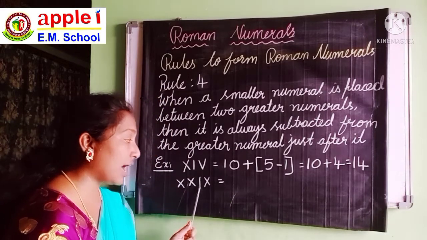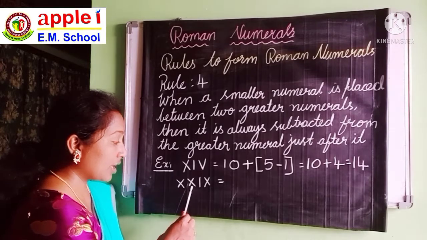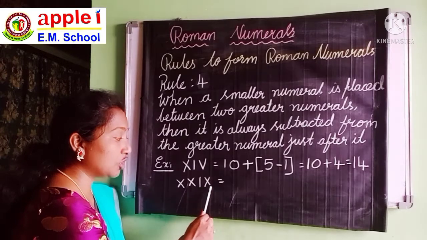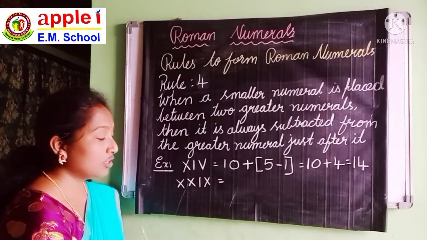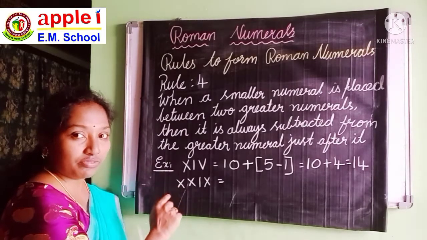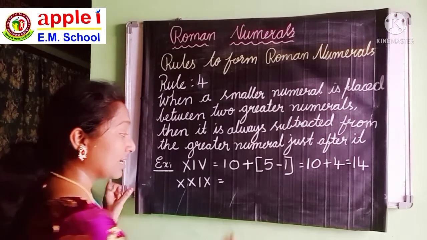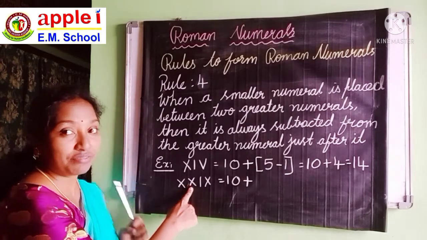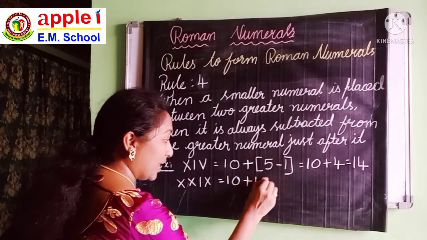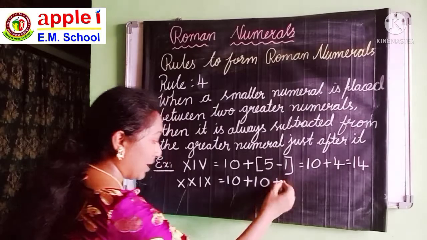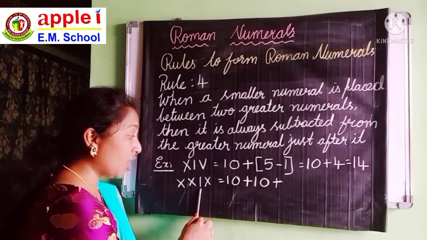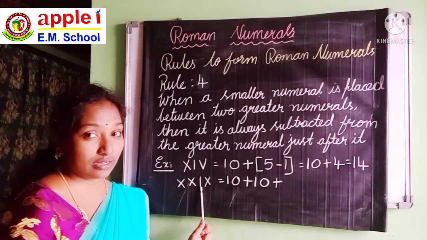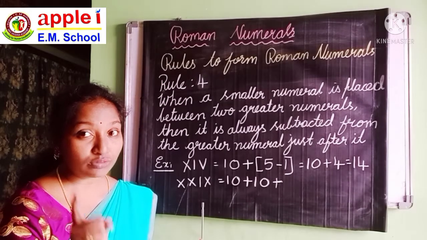X, X, I, X. Here X, X. See, here the smaller one is placed between two greater numerals. So first write the symbol for X. X means 10. Plus, again we are having X. So plus 10 plus, if you see here, small and big. Small, big means we have to subtract.